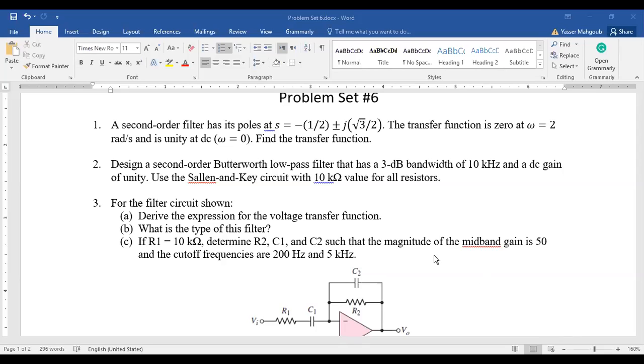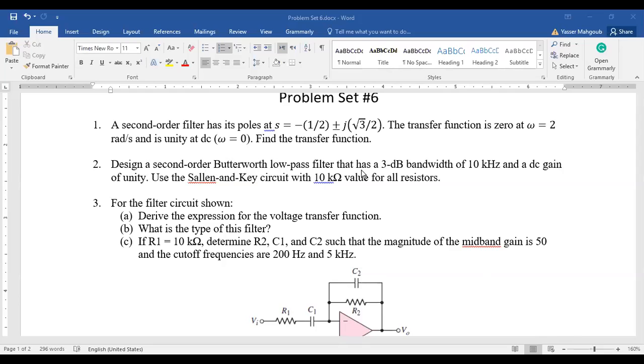So the second question is a design question. It's asking you to design a second order Butterworth low pass filter. So these are three important pieces of information here: second order, Butterworth, and low pass filter.